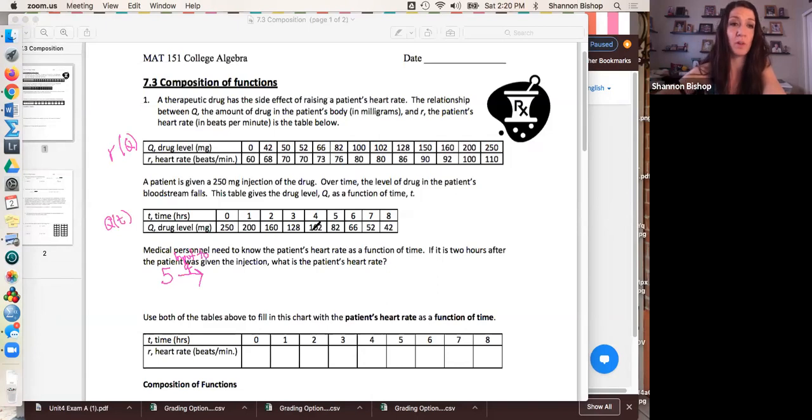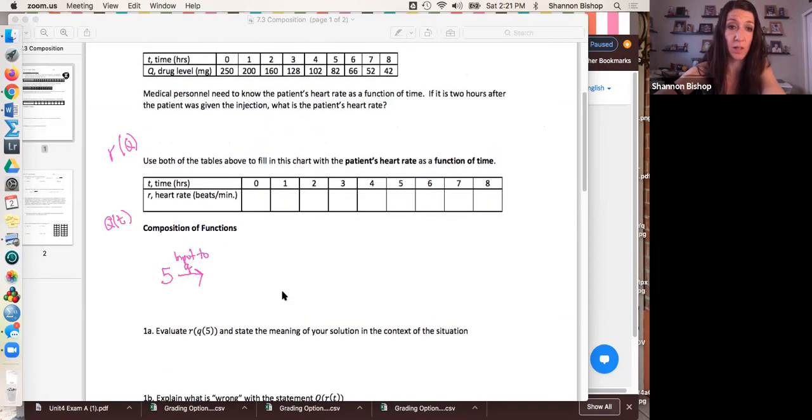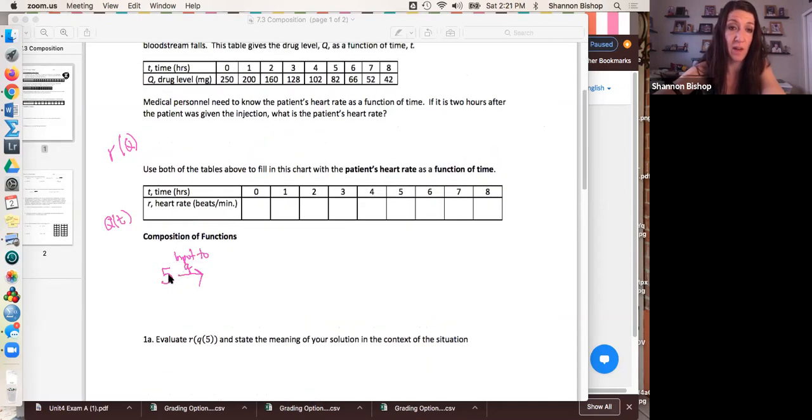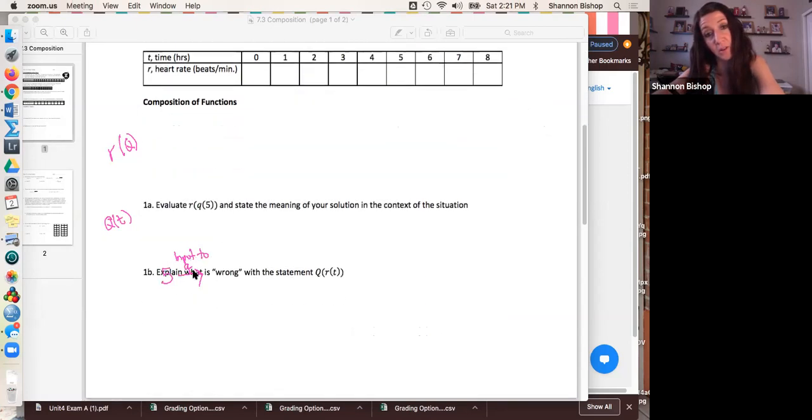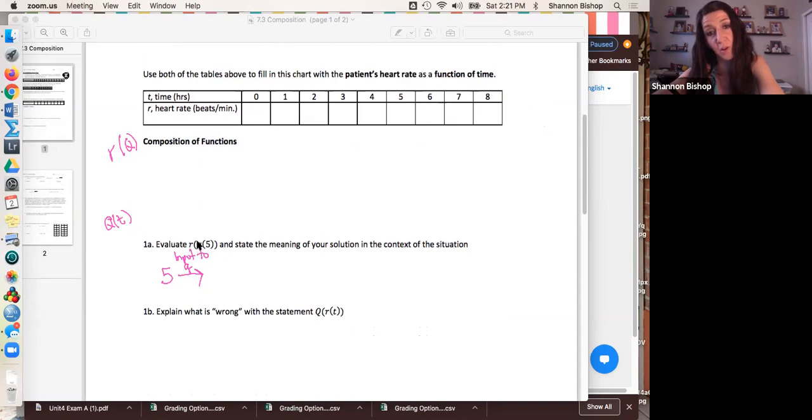So which one of those notations fits what I'm trying to do? I need to figure out what happens when 5 gets plugged into the function named Q. R of Q of 5.